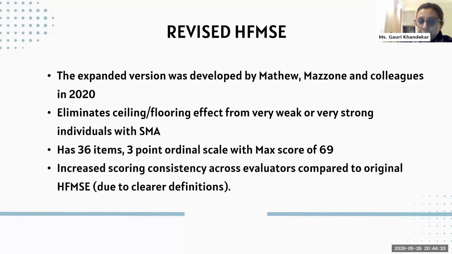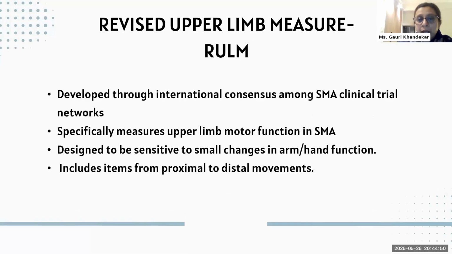So here we have some more items to check, which will give us a better assessment. So this has a maximum score of 69, whereas what we had in the HFMSE was 66.